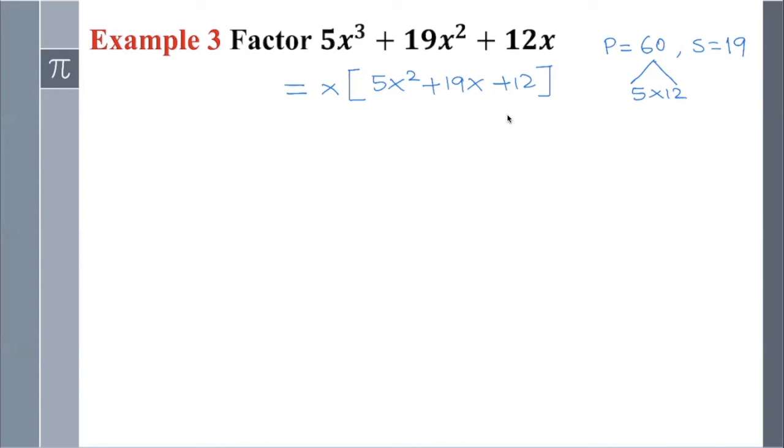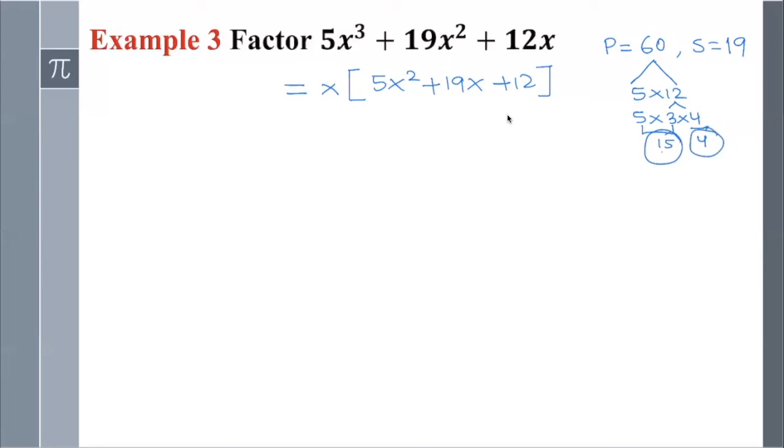So this is 5 times, and if you factor 12, we get 3 times 4. Now, if we combine 5 and 3, we get 15, and then we have 4. Now, we know that 15 times 4 is, of course, 60, and also 15 plus 4 is 19. That means the numbers that we are looking for are 15 and 4.